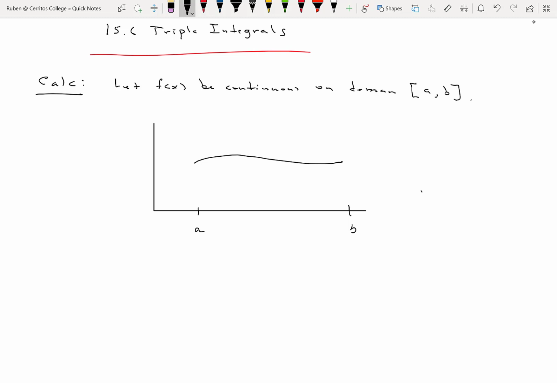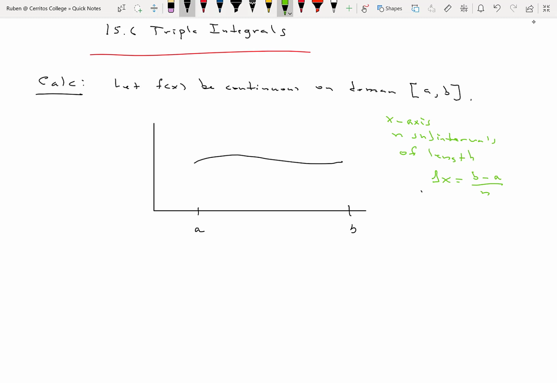So what we did was we divided up the interval from a to b into n subintervals of equal length delta x, which was the length of the entire interval divided by n. So that's what we did with the x-axis.